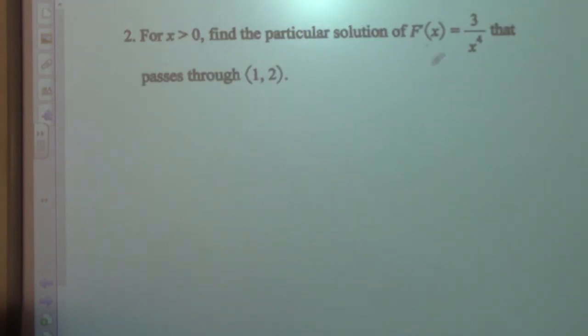Find the particular solution of f prime of x equals 3 over x to the 4th power that passes through 1 comma 2. So try that one out.